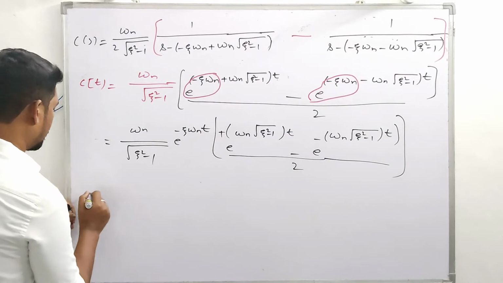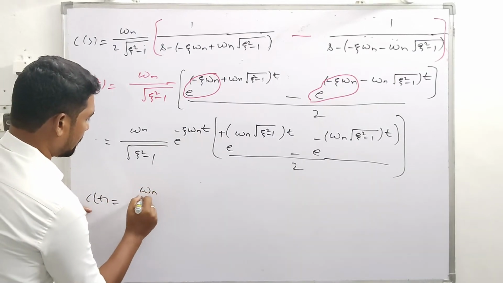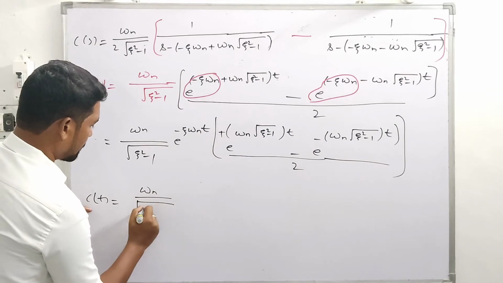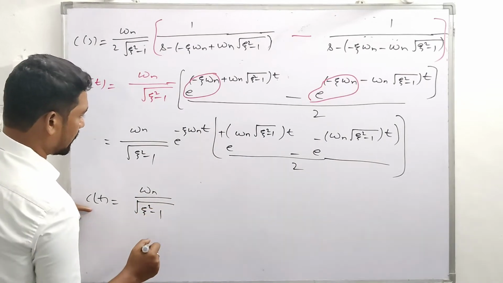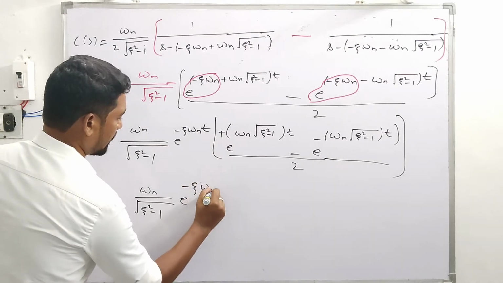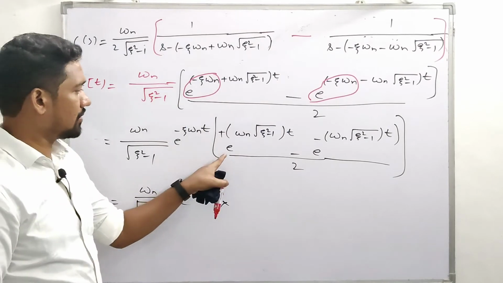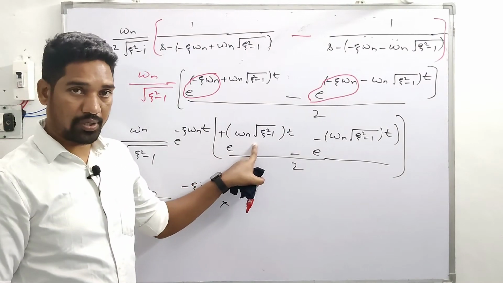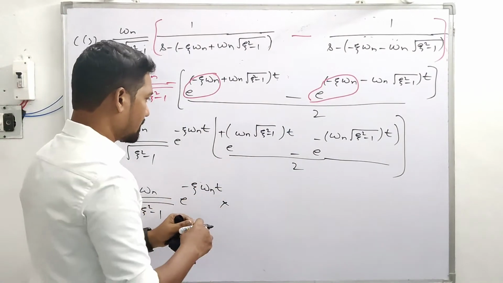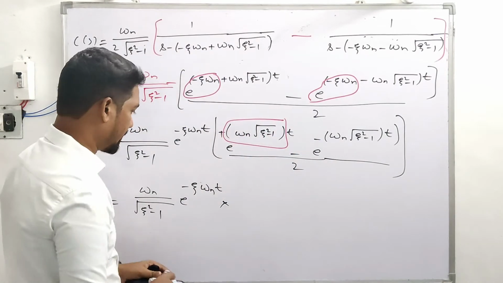All right, so c of t will be equal to omega n upon under root zeta square minus 1, e raised to minus zeta omega n into t, and this can be closed as sinh hyperbolic xt. So this will be like a or x, whatever.